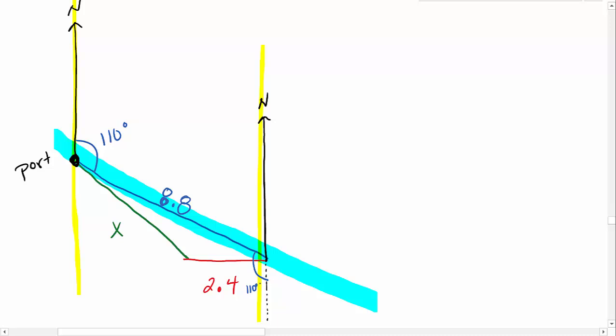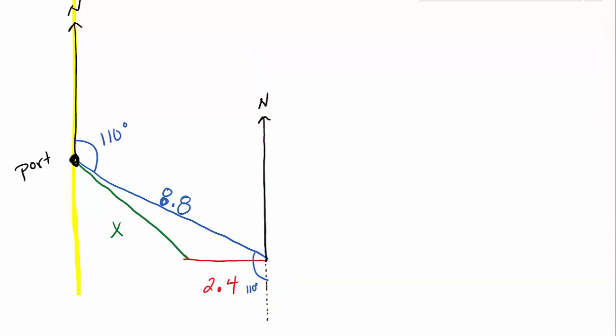Now, since our red vector is totally horizontal because that was a turn due west, that means that this right here is a 90-degree angle. That benefits us because we know then that this is only going to be 20 degrees.